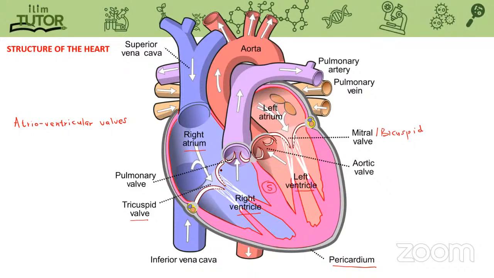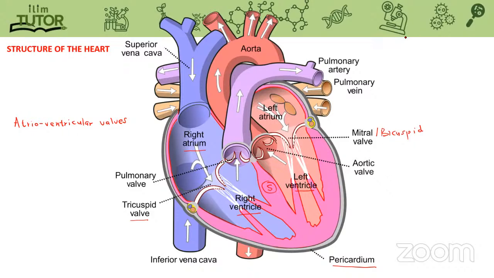Why the right ventricle, for instance, is not as muscular as the left ventricle is because the right ventricle is only pumping blood to the lungs. As you can see from the diagram, the right ventricle only pumps blood to the lungs via the pulmonary artery, and the distance between the lungs and the heart is not really that great.